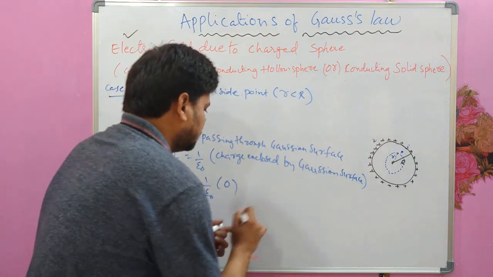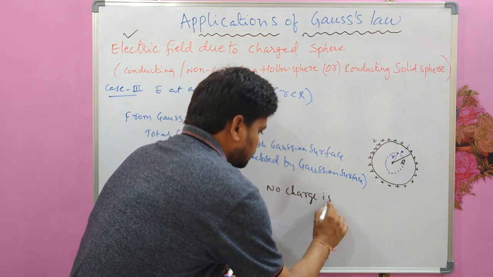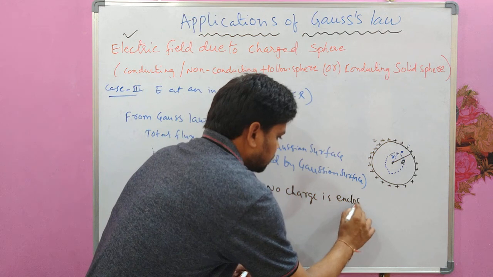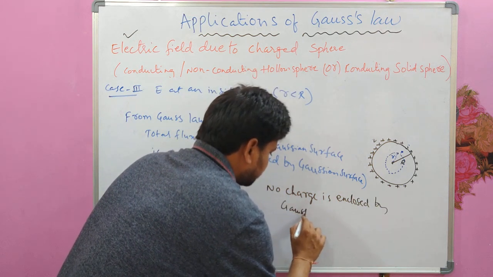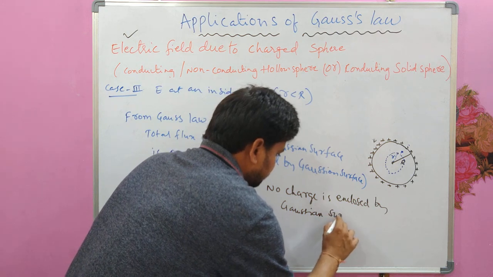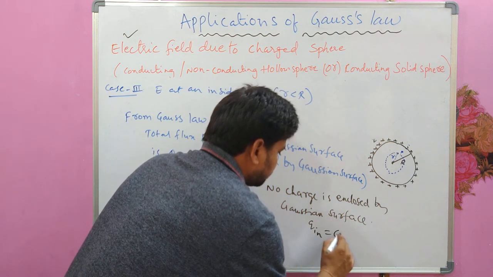No charge is enclosed by Gaussian surface, Q in is equal to 0.